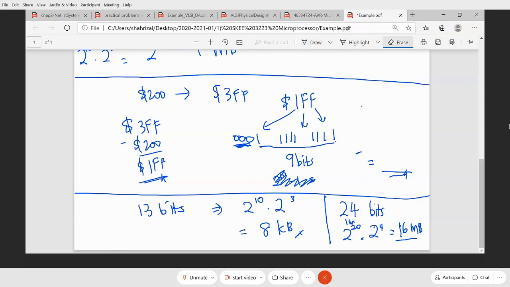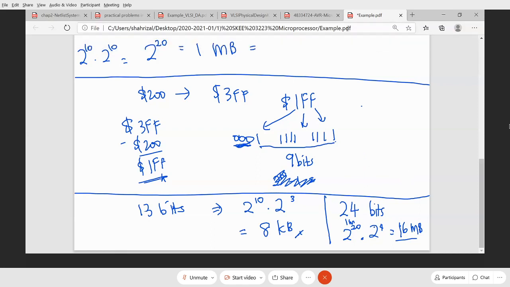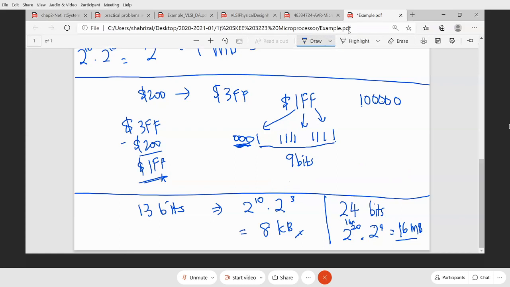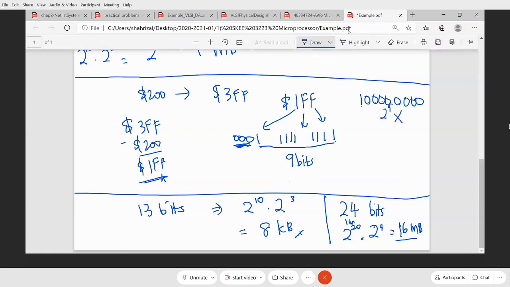The first answer that I gave you, 2 to the power of 10 minus 1, is correct. 2 to the power of 9 is wrong, because if you write 2 to the power of 9, it seems like this is 1 followed by zeros, 1 2 3 4 5 6 7 8 9. That is wrong.